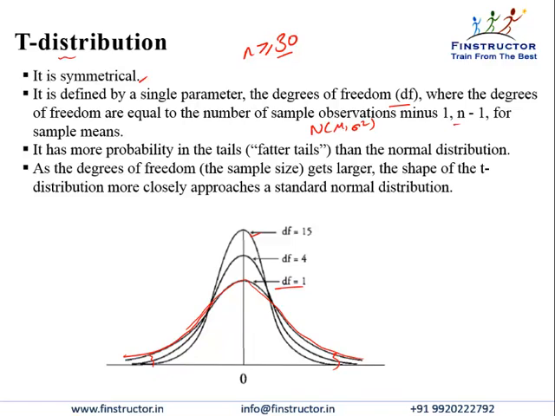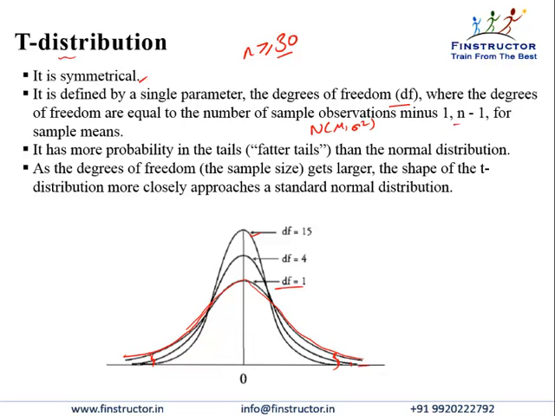We'll study in other financial applications that it has been seen that normal distribution many a times underestimates the probability of extreme events. That is, the tails of a normal distribution are too thin, or the probability of extreme events are very small when measured through a normal distribution. A t distribution has fatter tails, that is, it has more probabilities of values being in the extreme.